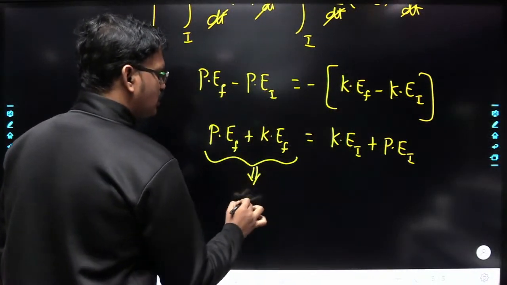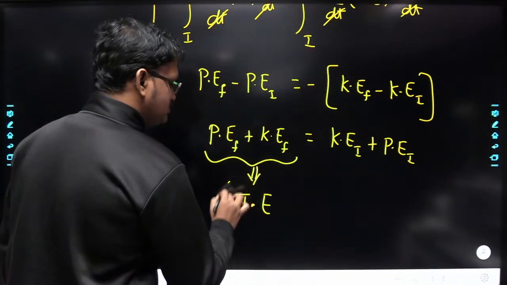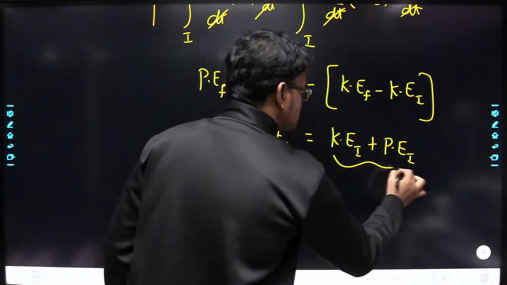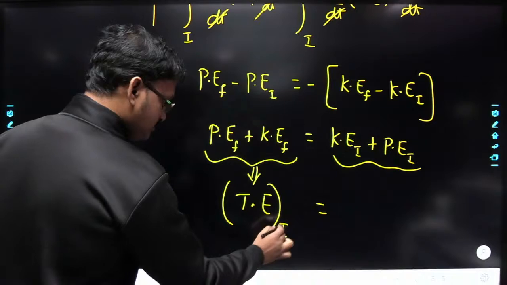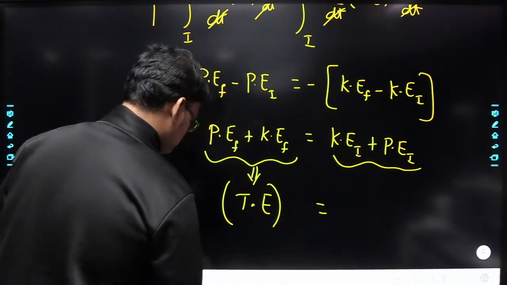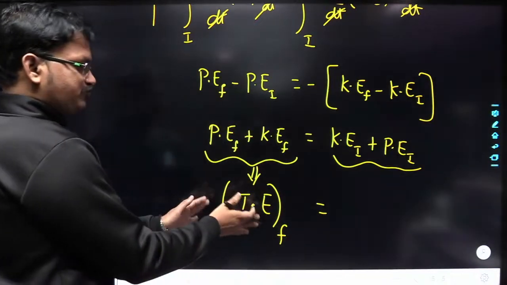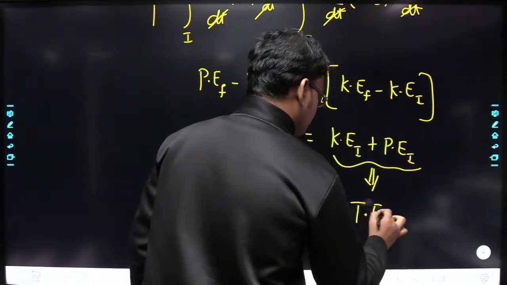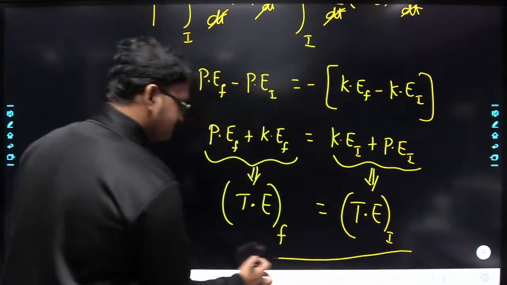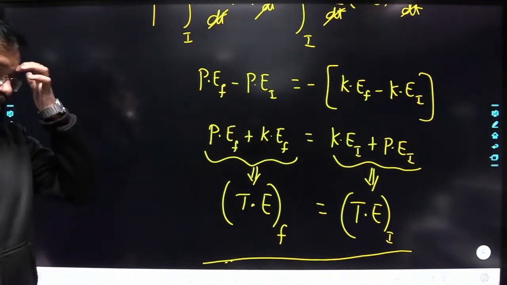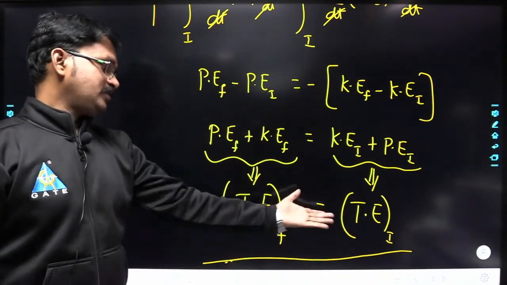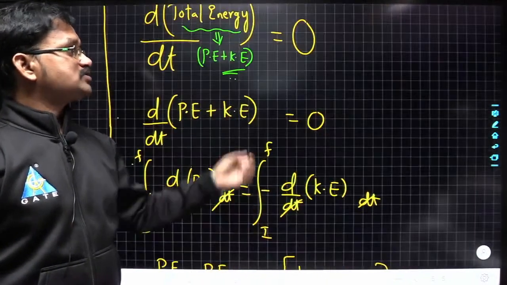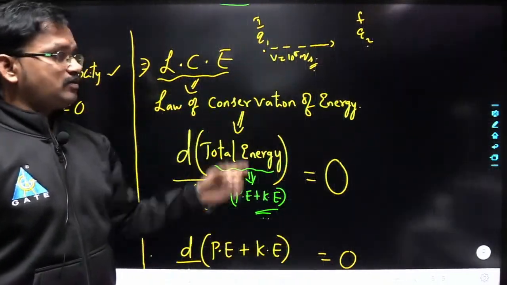This is the final total energy, and this is nothing but the total energy initial, understood? By equating these two, we have solved this problem. So that is the second case, understood?